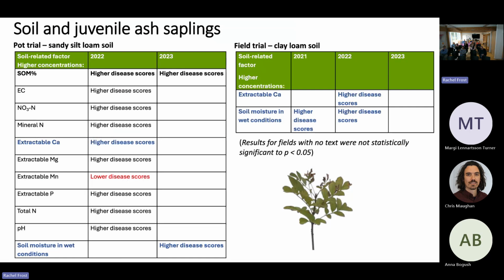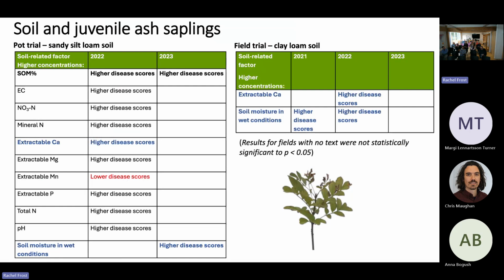So extractable magnesium, phosphorus, total nitrogen, pH, as they increase, disease scores were also higher. Interestingly, in the pot trial here in the sandy soil, extractable manganese levels, as they increased, disease scores were lower. So that's something that contrasted again with what was going on in the mature trees.